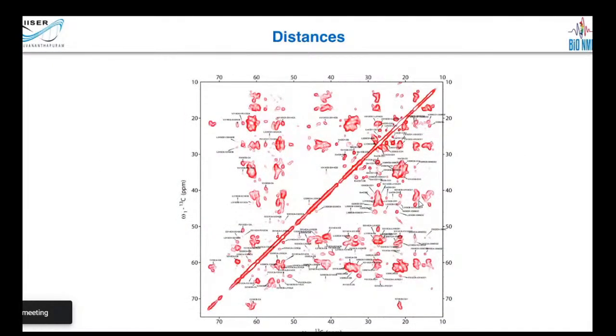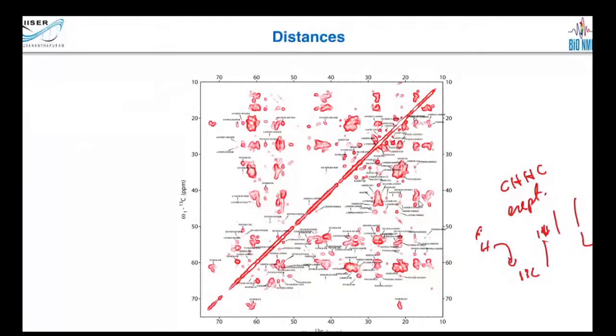We can also find distances. What we do is called a CHHC experiment, where we transfer magnetization from the hydrogen to 13C, then put it back on hydrogen and do a kind of NOE mixing time.